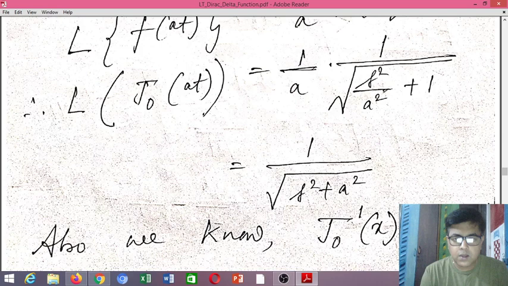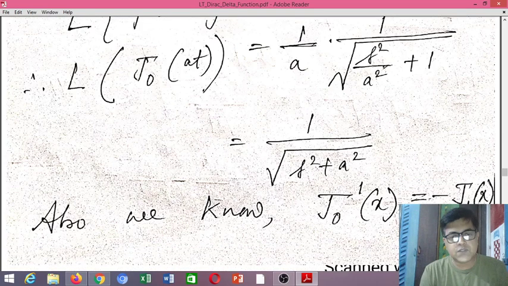So like that. Now let's come to finding the Laplace transform of the Bessel's function of order 1, which is also in your syllabus. Now how can we obtain that? We can obtain it very easily from the result obtained just now for Bessel's function of order 0, because Bessel's function of order 0 and Bessel's function of order 1 maintain a particular relation.